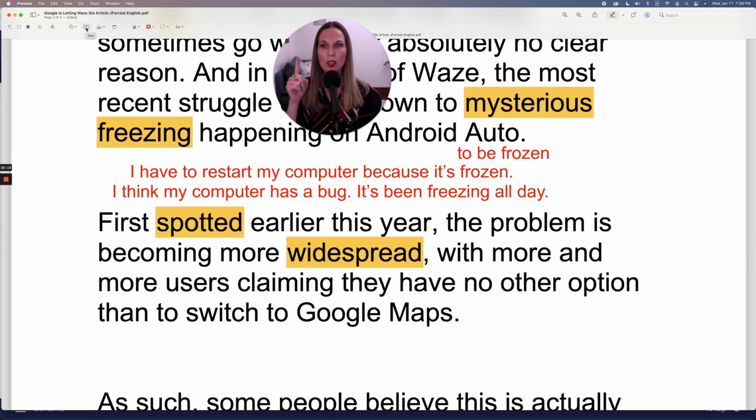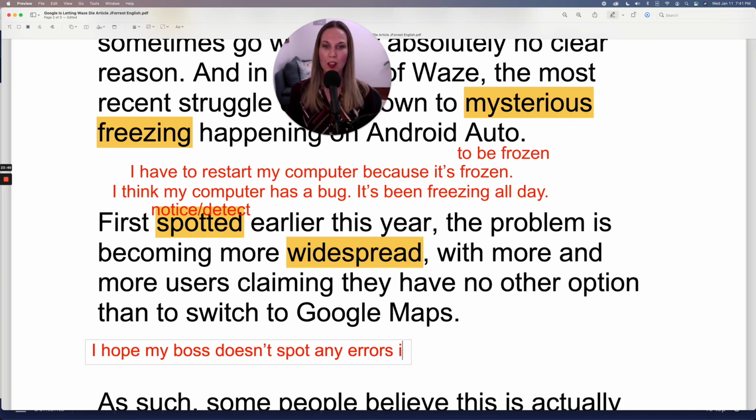When you use the verb spot in this context, it means notice or detect. Let me give you an example using spot. This is a verb. So I could say, I hope my boss doesn't spot any errors in my report.